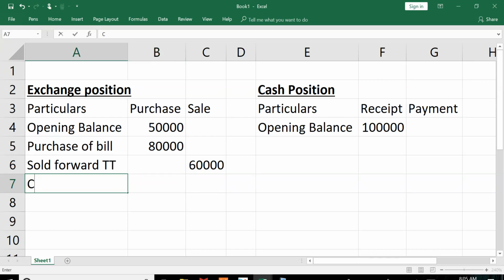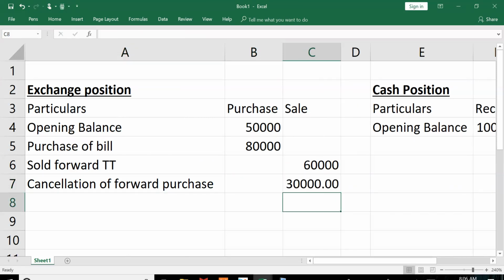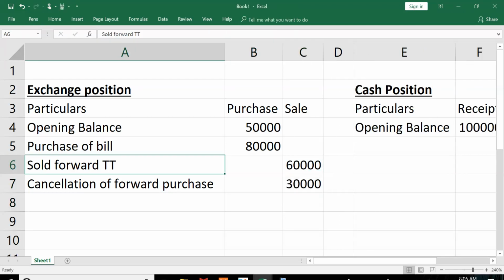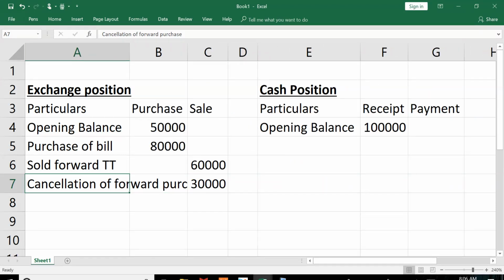So cancellation of forward purchase. You cancelled this future payable or receivable for you. So that is some 30,000.